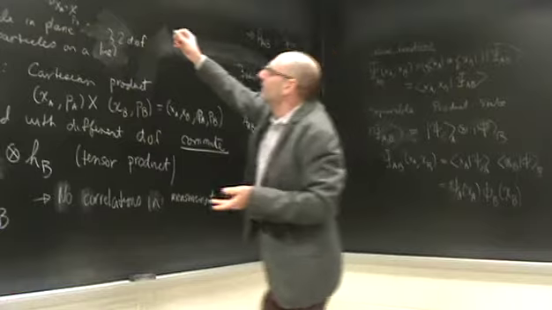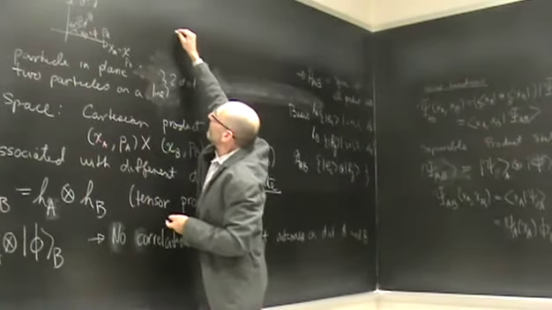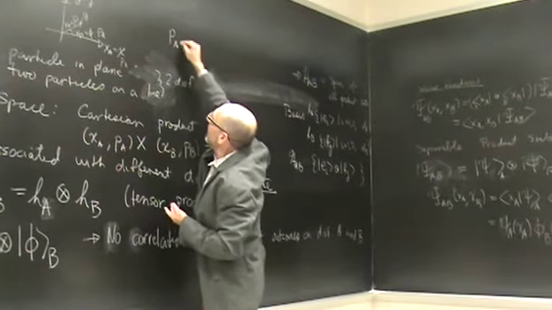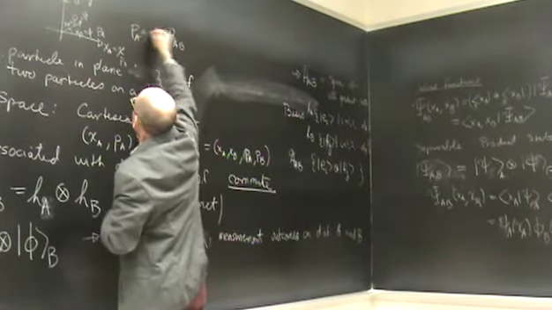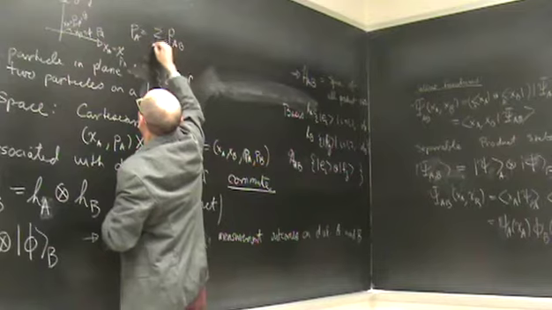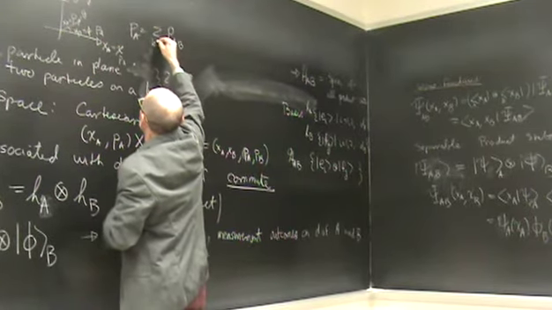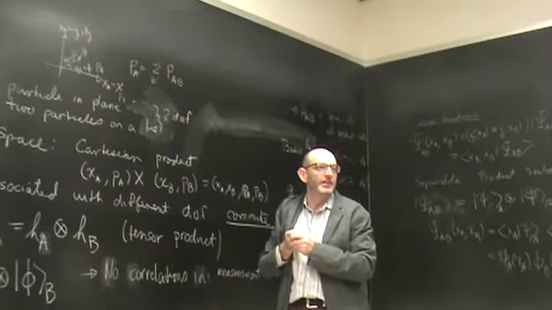And what that says, we know from probability theory, if I have a joint probability for two things A and B, then the marginal probability distribution on A is given by the sum over all possible B values, whatever they are. That's the marginal distribution.